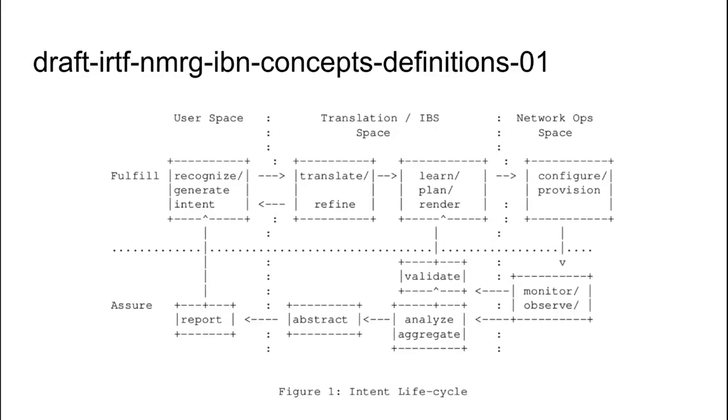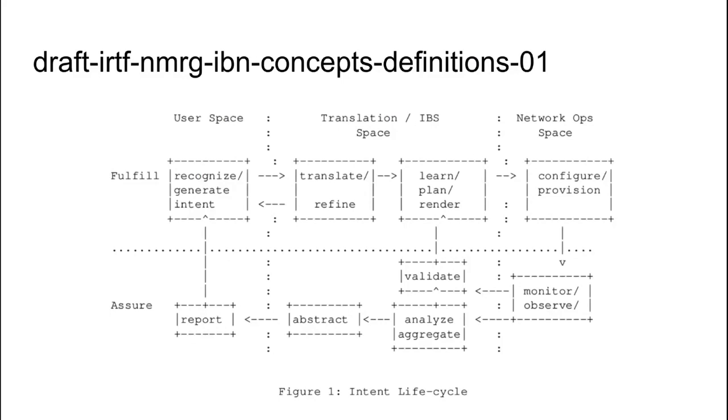Also, the part related to learning and planning is something that still needs to be developed. Then we, of course, have the rightmost part of this figure. We implemented the network operation space, where we have the configuration and provisioning of the service in our infrastructure.